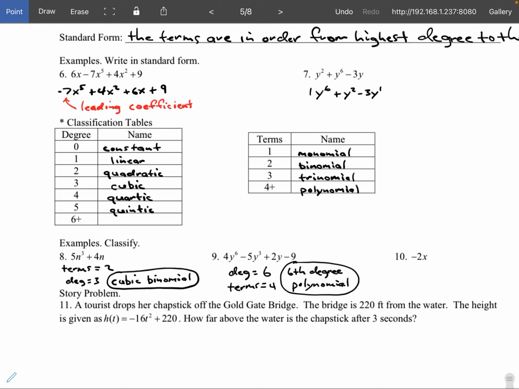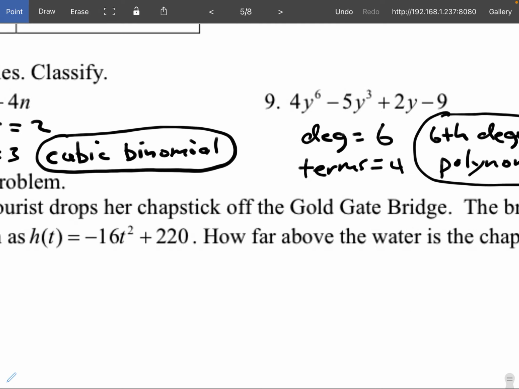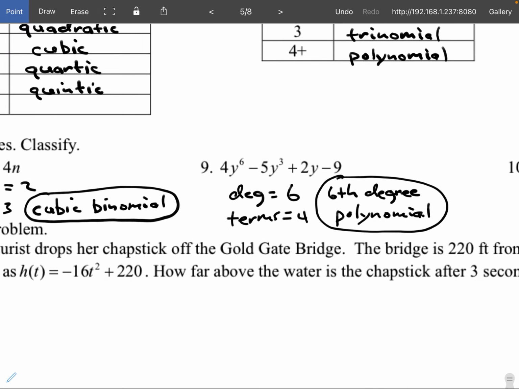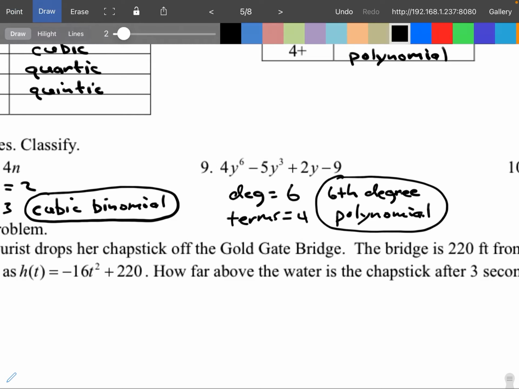So this height function represents the height of the chapstick off the water after t seconds. All you guys got to do on this one, it's really not a story problem. It's after a time of 3 seconds, so t is equal to 3. You're just going to plug in 3 for t right there.